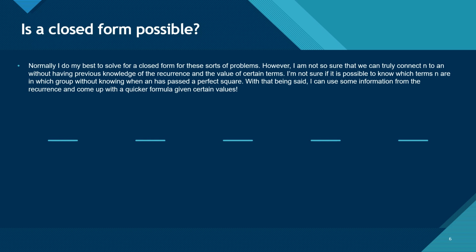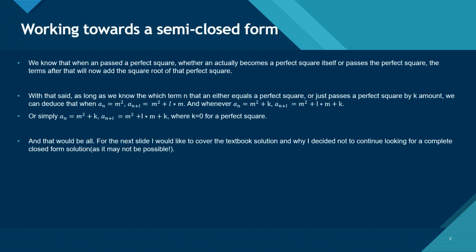So I went ahead and came up with my own thing that was similar, to the best of my ability. Right from the start, we noticed that whenever a of n passes a perfect square, the terms now start to increase by the square root of that perfect square until it reaches the next perfect square.